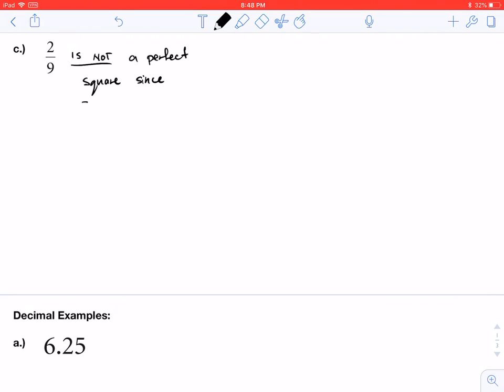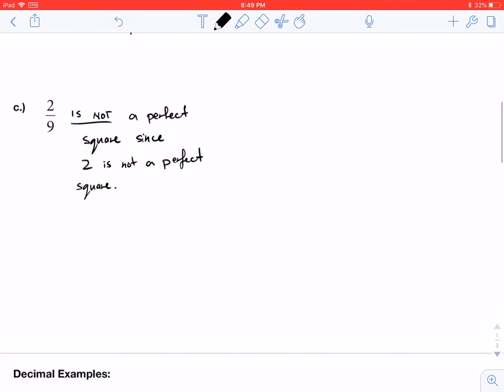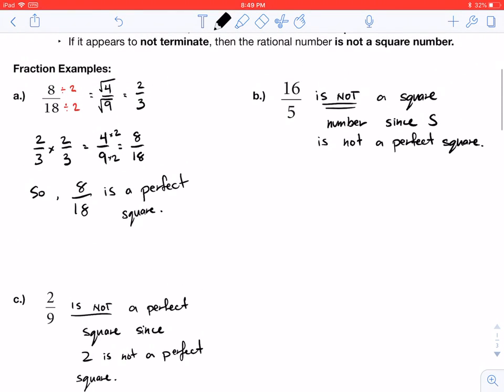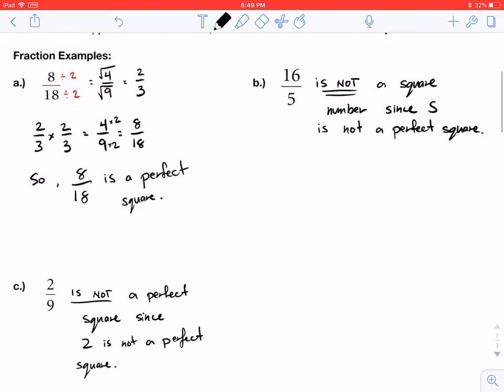Since 2 is not a perfect square. Perfect. So every time you give your answer, you have to make sure that you prove why a rational number is or is not a perfect square.